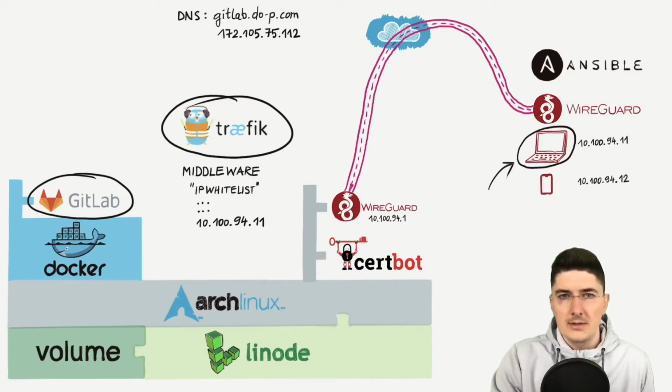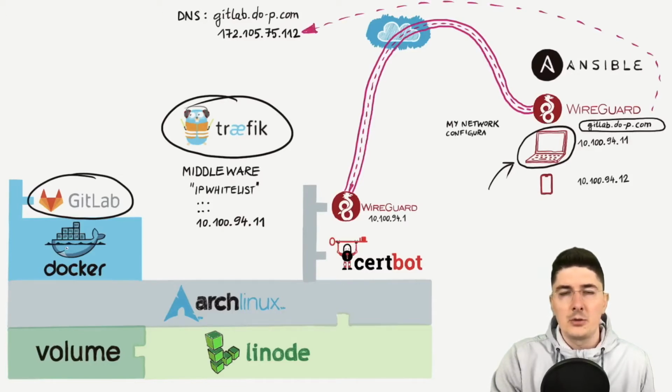It goes like this. We type in gitlab.do-p.com on the client. It resolves to this IP. Our network packet then uses the WireGuard tunnel as a route to reach the VPS, and since this is the HTTP protocol, it is greeted by Traefik. Remember that we'll configure Traefik as an entry point for all HTTP and HTTPS communications.